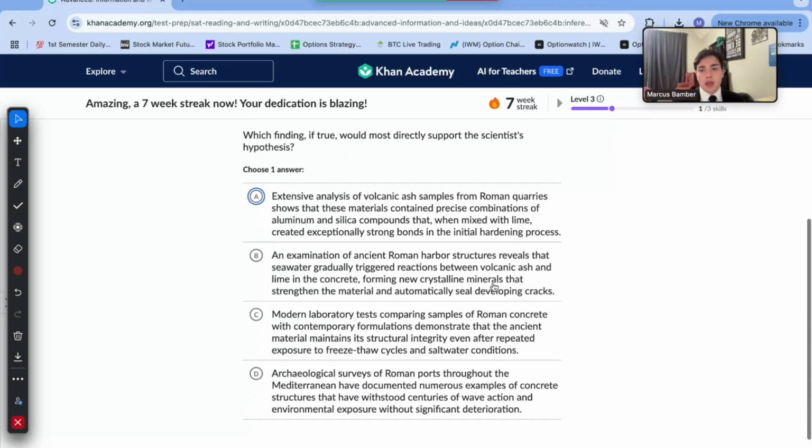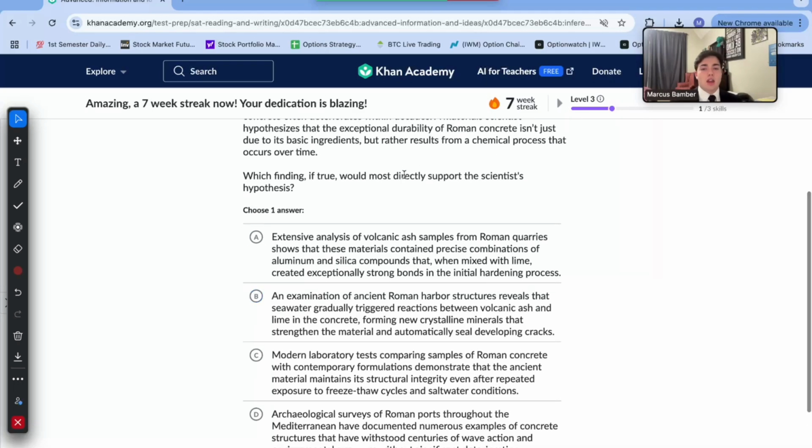Let's take a look. Extensive analysis of volcanic ash samples from Roman quarries show that these materials contain precise combinations of aluminum and silica compounds that, when mixed with lime, created exceptionally strong bonds in the initial hardening process. All right, this doesn't necessarily say a chemical process that occurs over time. It says initial.